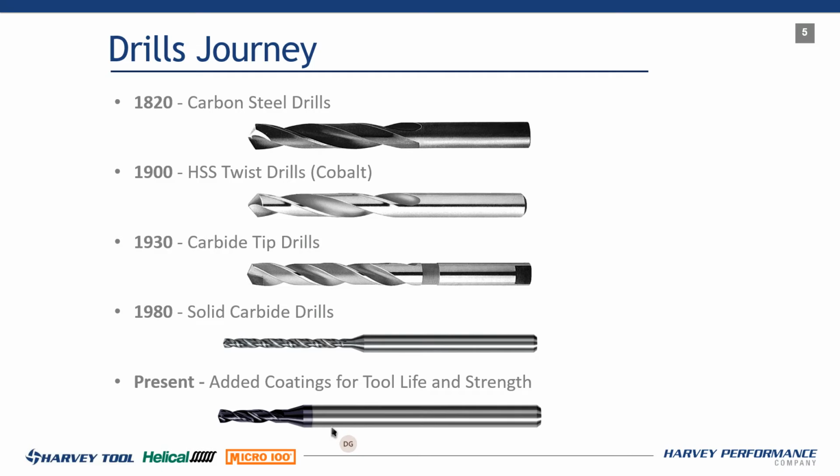In the 30s, they came in with carbide tip drills, where they just put a little carbide insert on there. In the 80s is where solid carbide came about. And past that, we started adding coatings and different varieties of substrate to add strength to the tools.